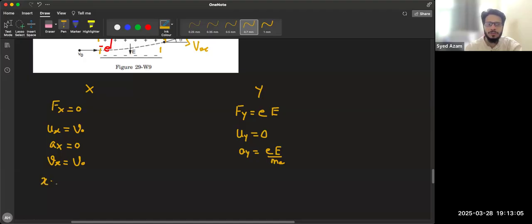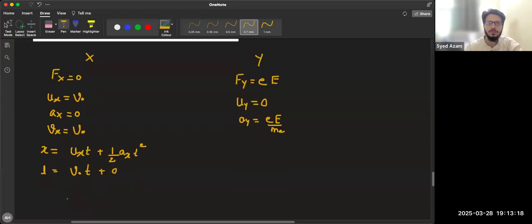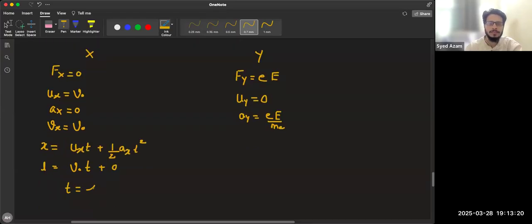So L. If you have distance, you can calculate the time. If I use this equation, x is uxt plus half axt square, your x is equal to L, your ux is v0, time is t, ax is 0. So you can write that t is L by v0. This is the time the particle will take to move from one end of the plate to the other. In the same time, the velocity Vy can be calculated as Vy is Uy plus Ayt.